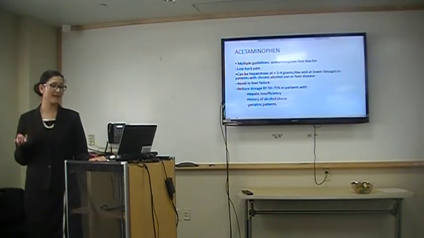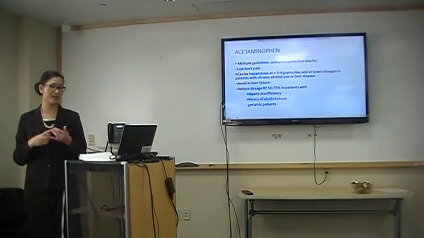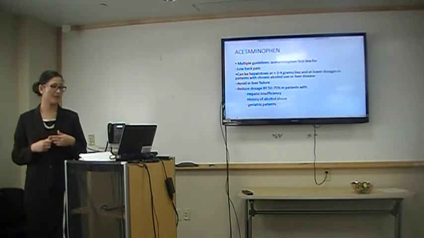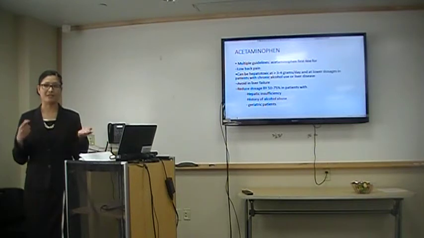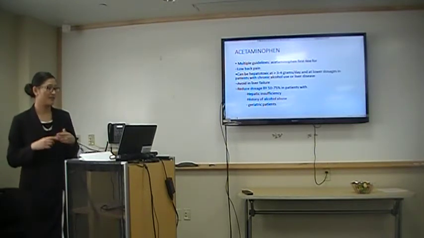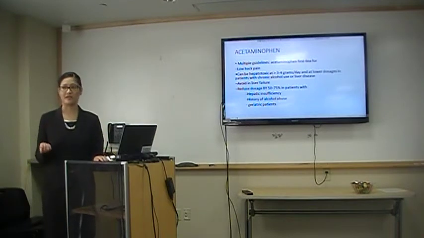Multiple guidelines show it's actually first line for low back pain and chronic primary pain. But we have to make sure of patients who have hepatic insufficiency, a history of alcohol abuse, and geriatric patients. It's advisable to reduce the dosage by 50 to 75%. It's hepatotoxic at 3 to 4 grams per day, and at lower dosages in patients with, again, chronic alcohol use or liver disease.